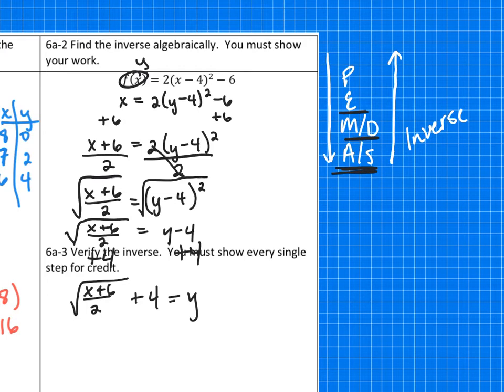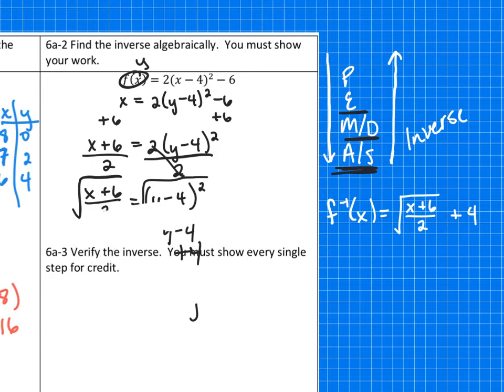So I'm going to write that off to the side. f inverse of x, that indicates that it's my inverse, is the square root of (x plus 6) divided by 2, plus 4. This situation, all of this, is a really good example of how just writing down the example on your notes is not going to be super duper helpful.